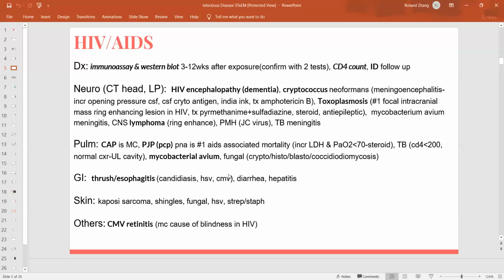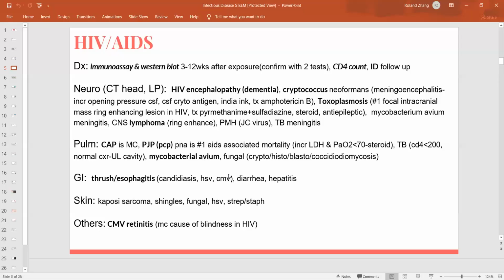Pulmonary, your community-acquired pneumonia is the most common. But don't forget about PCP or PJP, the pneumocystis pneumonia that generally we see in immunocompromised patients, not just in AIDS. And that is the number one AIDS associated mortality. And the way that you diagnose it is, of course, you do a lumbar puncture.